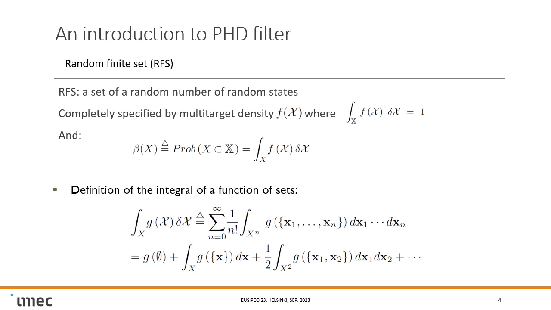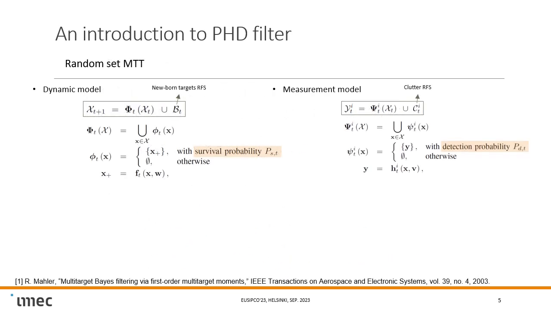But to have a solution based on RFS for multi-target tracking, we need a dynamic model and also a measurement model. The dynamic model is the union of the set of the transitioned targets or states from the previous instance and the newborn targets.